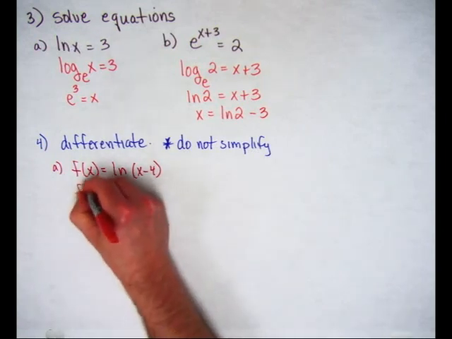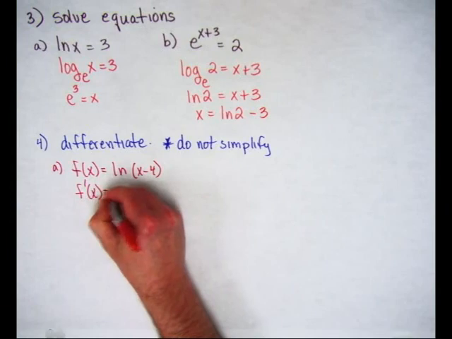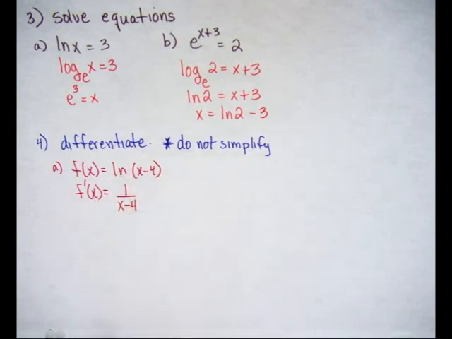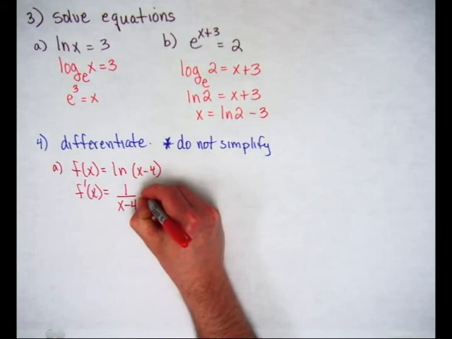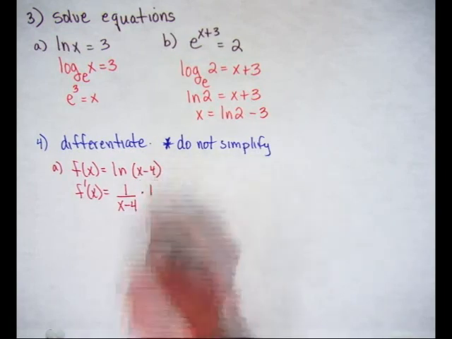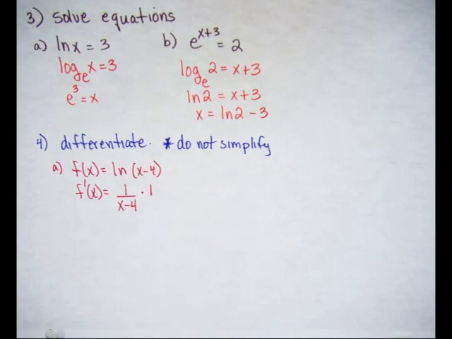So the derivative here, f prime, would be 1 over the argument x minus 4. And then remember that you always have to multiply by the derivative of the argument. So you'd have to multiply by the derivative of x minus 4. Well, in this case, it's just 1, so it doesn't affect our answer. So the answer would just be 1 over x minus 4.